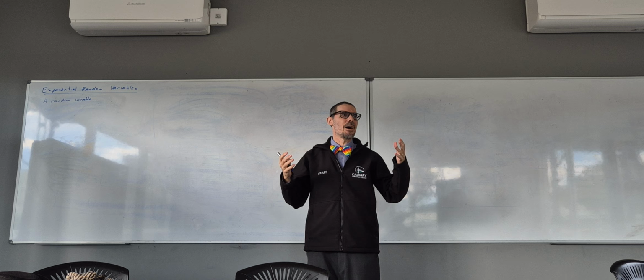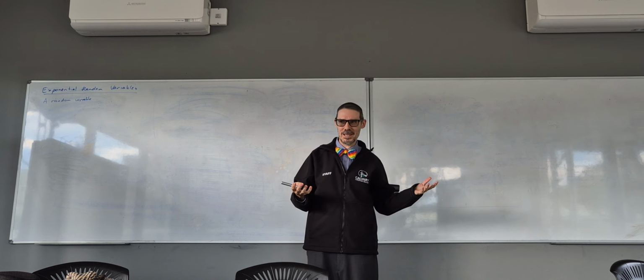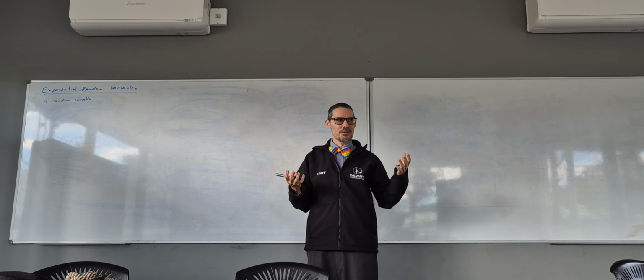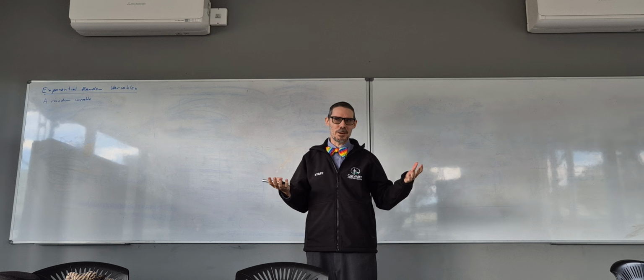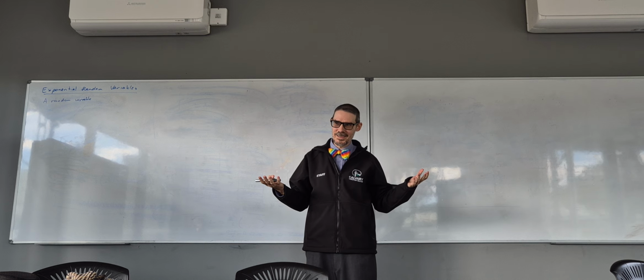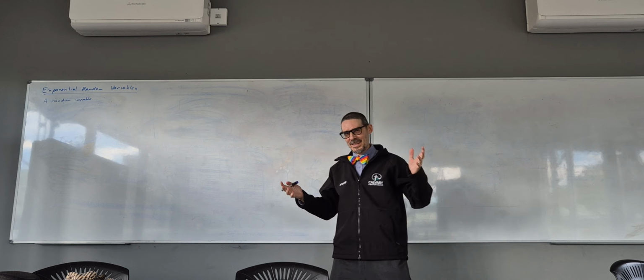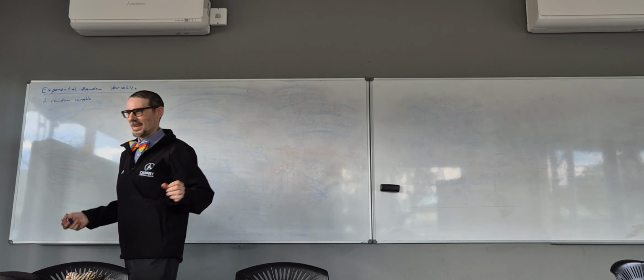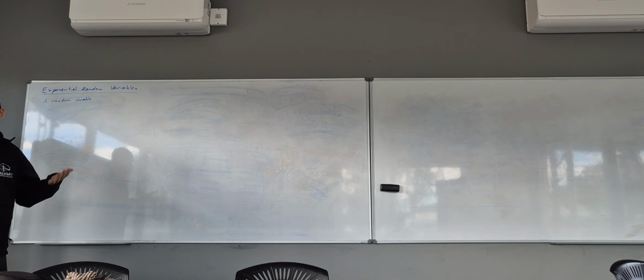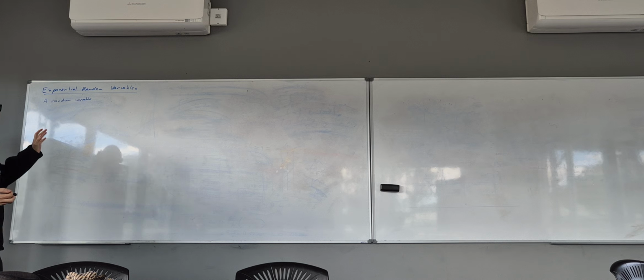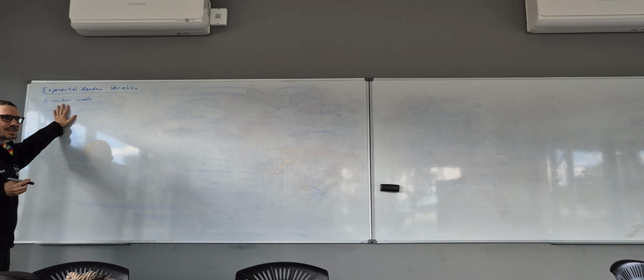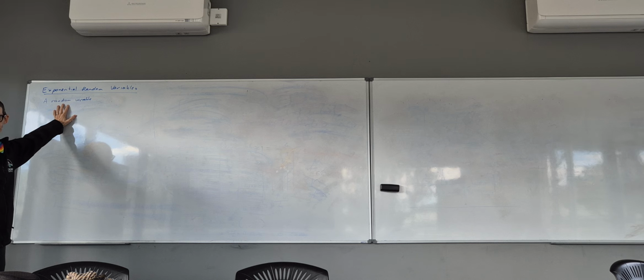Normally a variable would represent a number of some kind, although exactly what constitutes a number? I mean, is a complex number a number? Is a matrix a number? Is a vector a number? A variable represents something that we don't know. So a random variable represents the outcome of a random process.